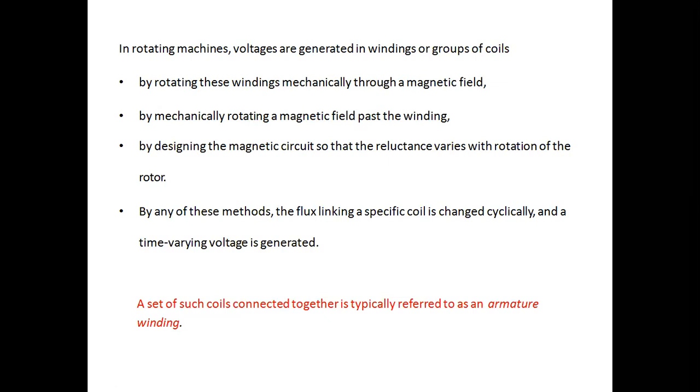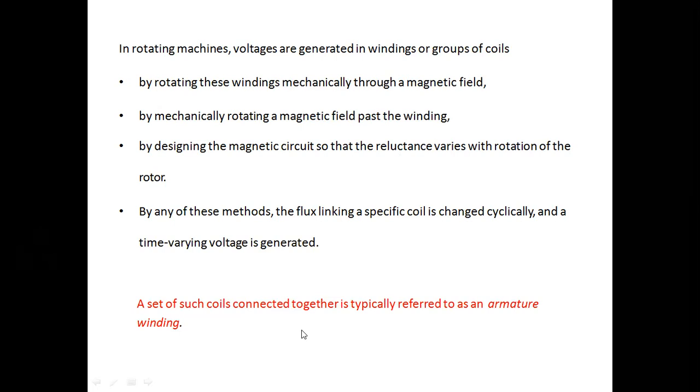And if you see the construction, we are using the armature winding, field winding, commutator and brushes. These are rotating parts. So when we give the power supply to the DC machine, that magnetic field will be cut by the conductor, because we are using an armature that will consist of conductors. So here we can say we will get a magnetic circuit that will allow reluctance to vary with the rotation of the rotor.